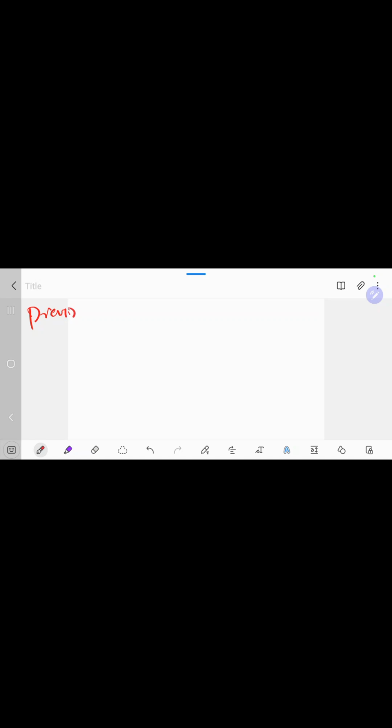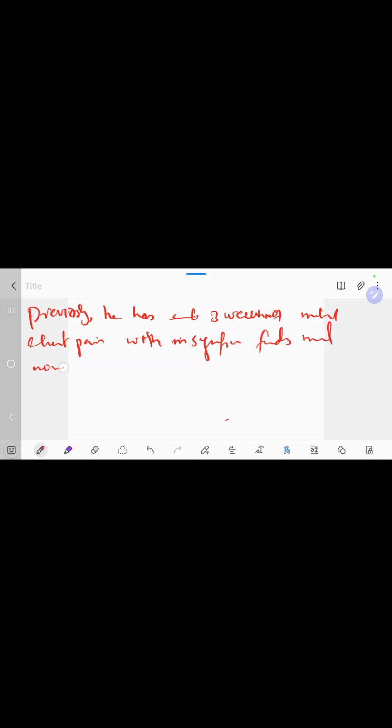Previously, he has a long-standing, he has 3 weeks history of mild chest pain with insignificant findings, including normal ECG. He, however, has ischemic heart disease on ETT, right? You can just write on this thing.